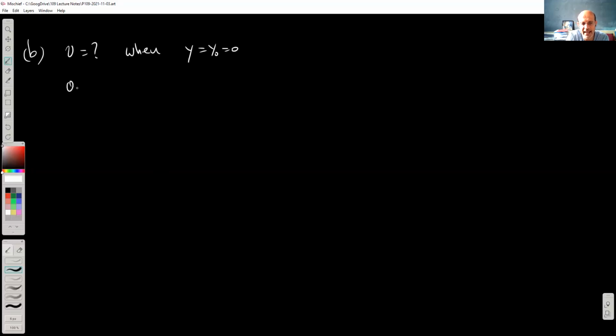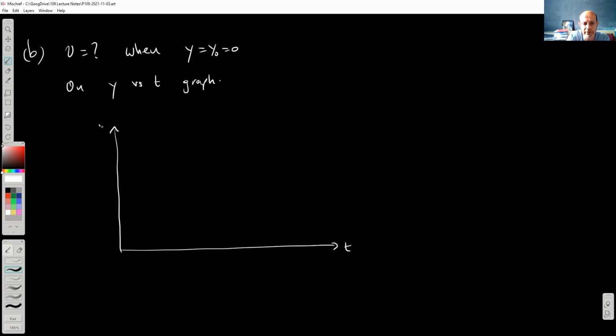So let's say it like this: on position versus time graph. Okay. So we have a situation like that in here. So it's the same graph. So this is a parabola. I mean, it's just this shape, right?